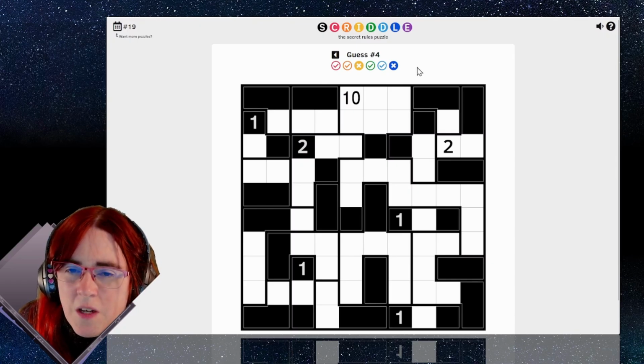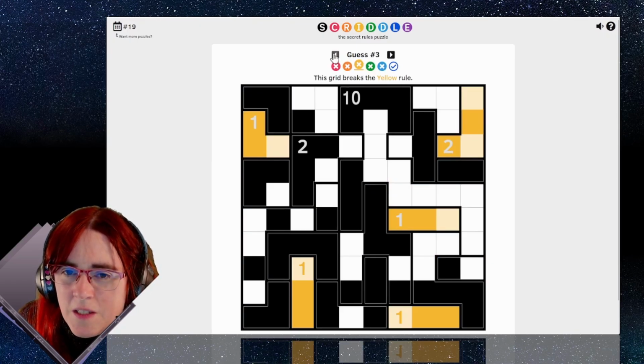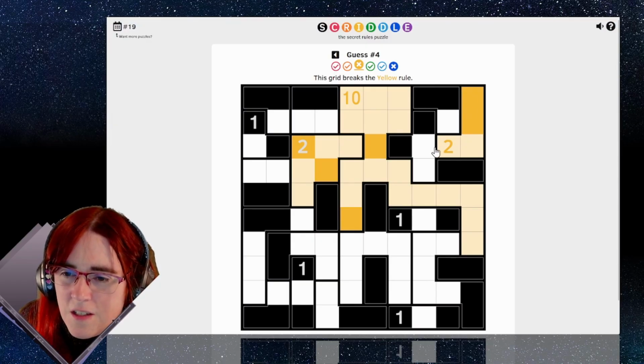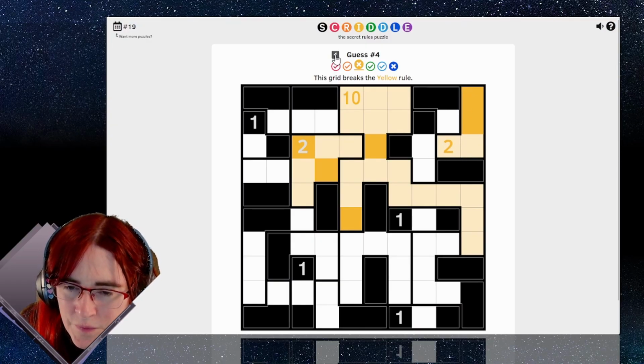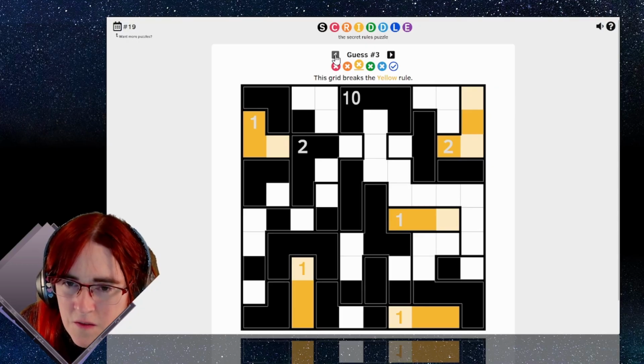Have we ever made this one happy? And we've never found a configuration that makes this 2 up here happy. We have found configurations that make the... How did this one pass the yellow? 1, 2, 3, 4, 5, 6, 7, 8, 9, 10.